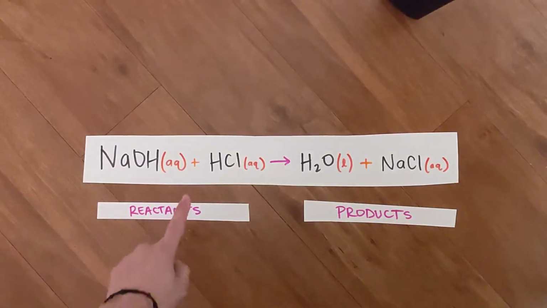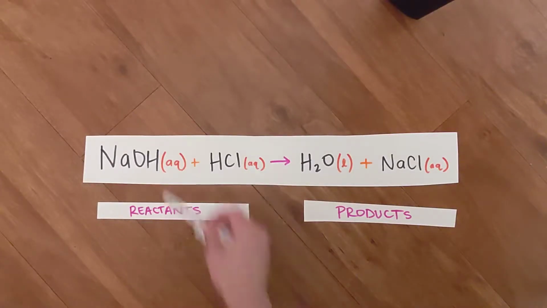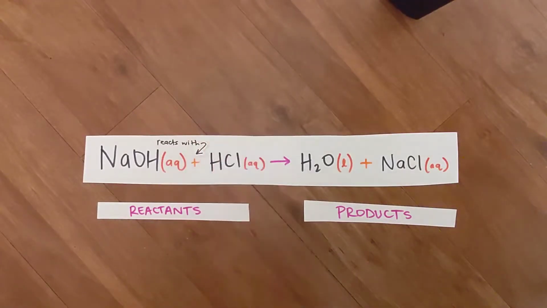Remember that this plus sign here and this plus sign here indicates that something is reacting. So when we see the plus sign on the reactant side, it means that those two items, these two compounds, are reacting. When we see it on the product side, it doesn't mean that the water and the NaCl are necessarily reacting together, but it means that both have been produced. Though in reality, this reaction just continues back and forth until equilibrium has been reached. But you don't have to worry about that right now.